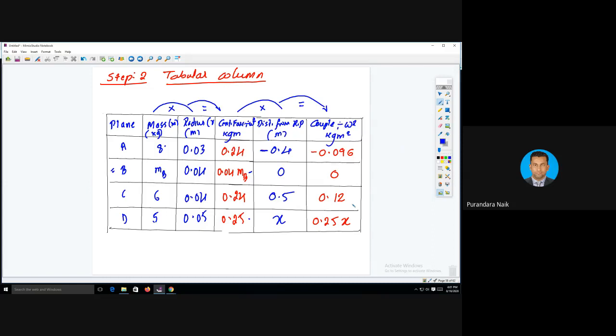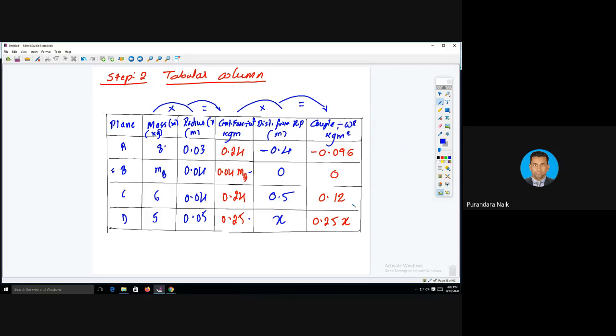The value will be 0.096 into 5 centimeter divided by 0.1, that is 4.8 centimeter, because 0.1 kg meter square is equal to 5 centimeter.